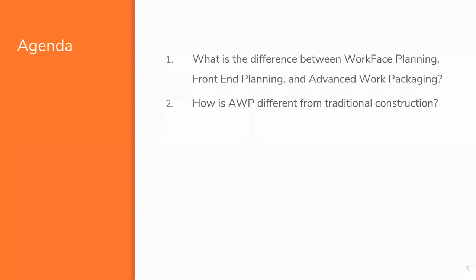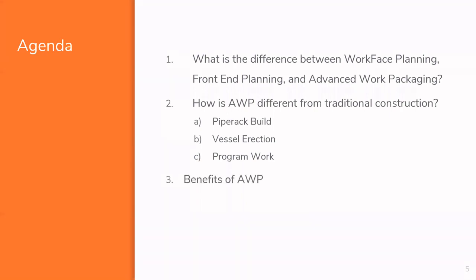And we're going to do that by having some examples and showing you how it would traditionally be done, on a pipe rack build, on vessel erection, and on program work, and how it would be done in an AWP environment. And Vince is going to speak to the vessel erection and the program work, and I will speak to the pipe rack build. Then we're going to talk about the benefits of advanced work packaging.